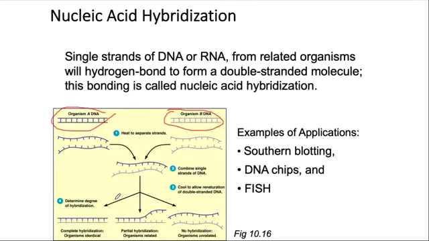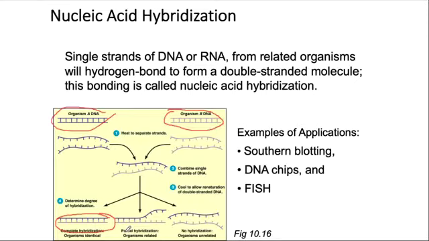When we mix them together and allow them to form bonds, what we expect to see is one of these three. If the two were able to combine completely, if there is complete hybridization, then the organisms are identical.